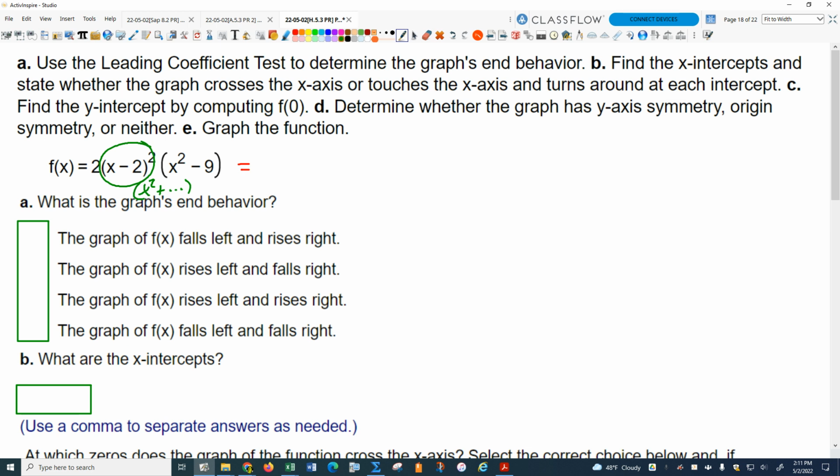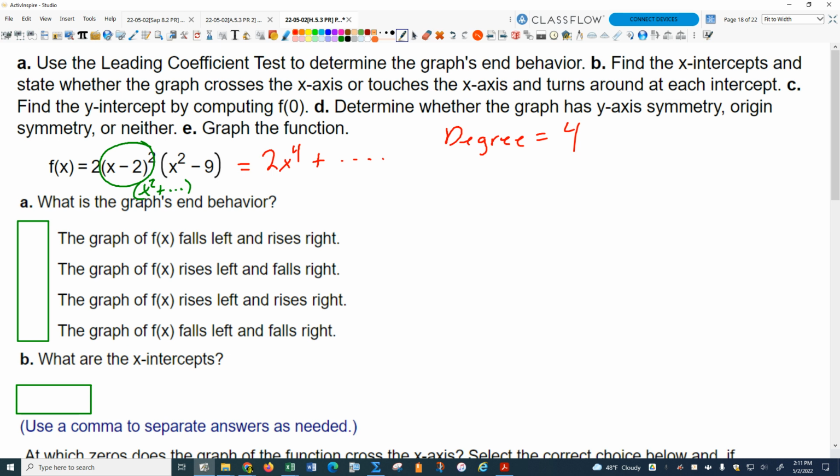And then times another x squared is going to give me 2x to the fourth plus lower stuff, right? So the degree of the polynomial then equals 4, right? Biggest power of x. So if the degree is 4, then the maximum number of turning points is going to be 1 less than the degree. Everybody get that? It's going to be 3 turning points.